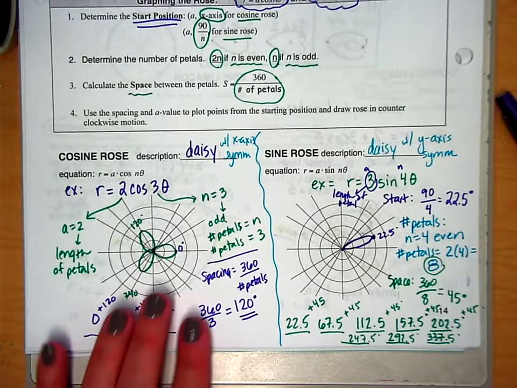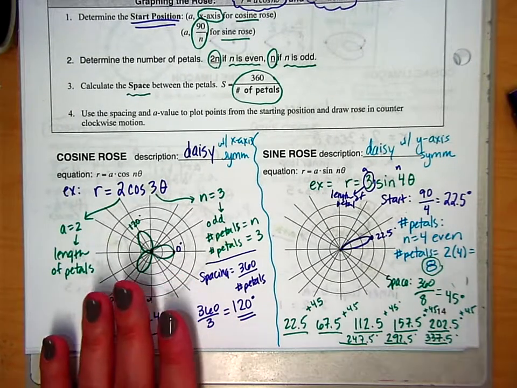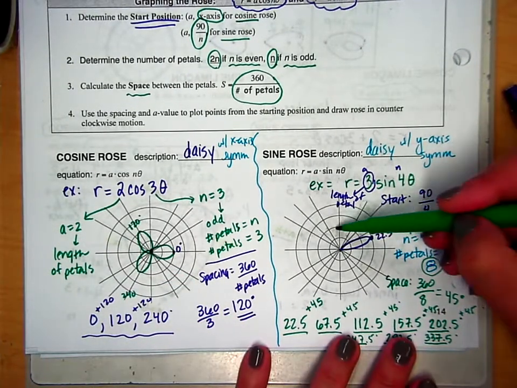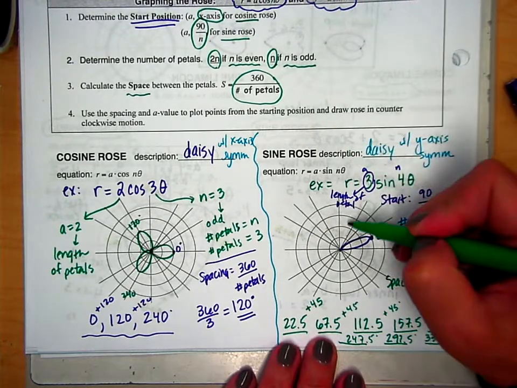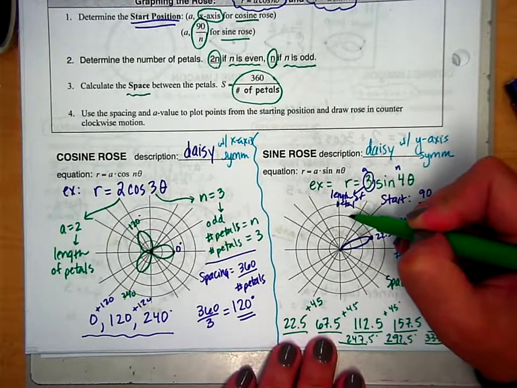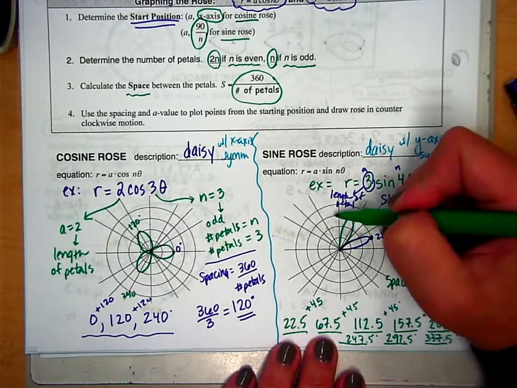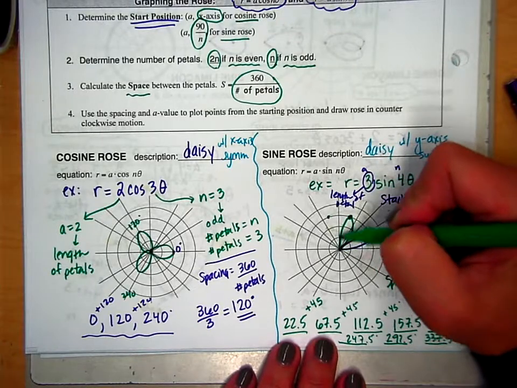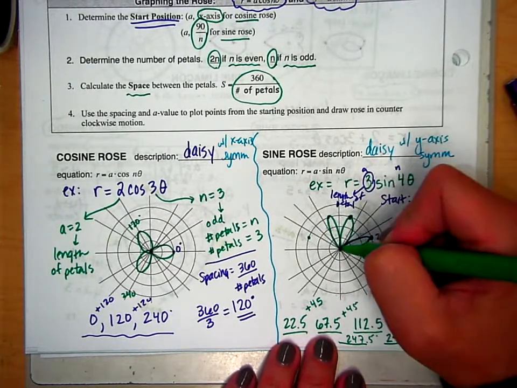Okay, so now let's place them. And again, these aren't going to be exact, right? So what I'll check for is they need to be between the correct lines. So 67.5 has to be between 60 and 90, right? So I have to be somewhere here. And then 112.5 would be between 90 and 120. And then 157.5 would be between 150 and 180.